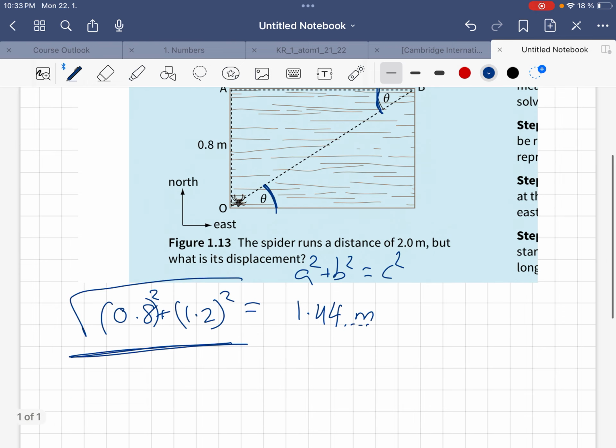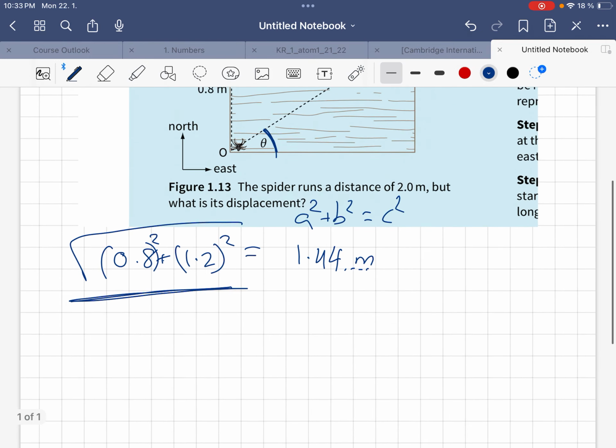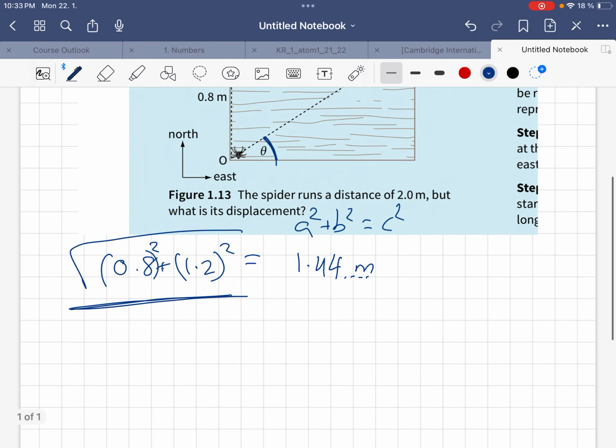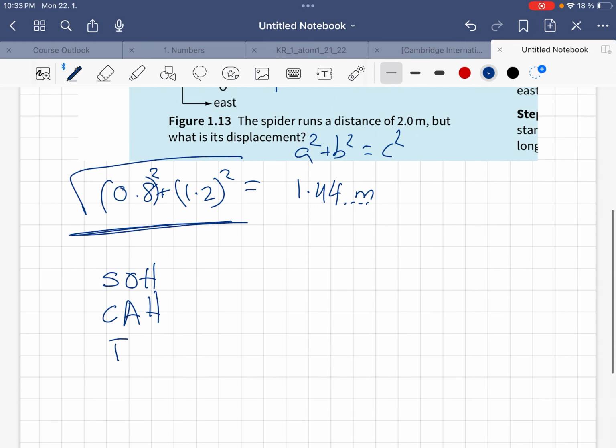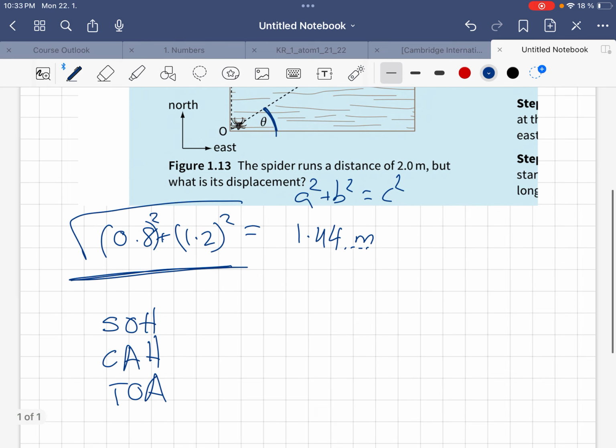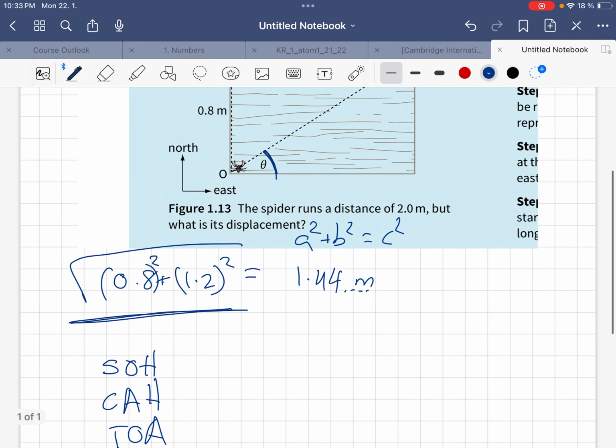So the angle theta, if you remember, we can calculate it quite simply by using SOHCAHTOA. So lucky for us, if you remember, sine theta is equal to opposite over the hypotenuse.